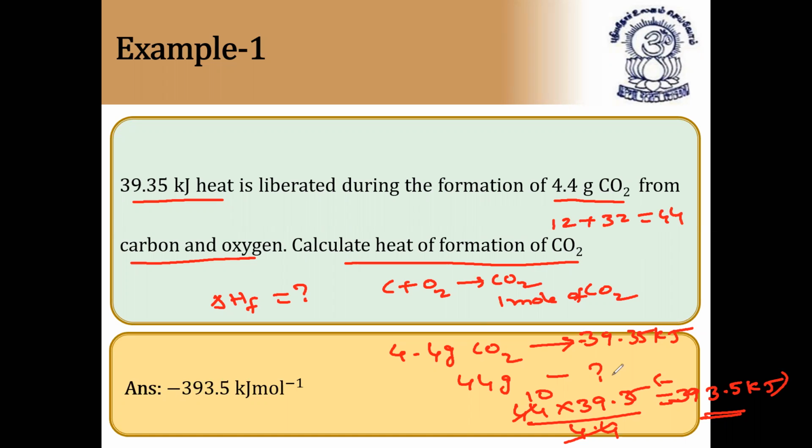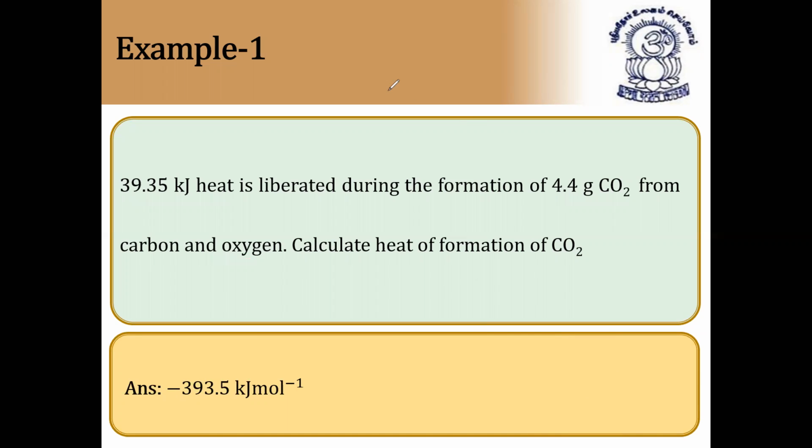So for 44 grams, it is 44 into 39.35 by 4.4, which is equal to 393.5 kilojoules per mole. Heat is liberated, so you have to keep a minus sign. I hope it is clear. So this type of questions are easy and very important also.